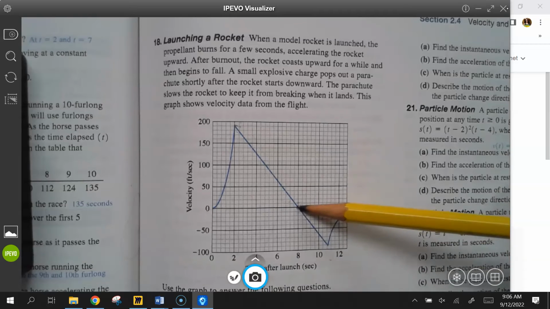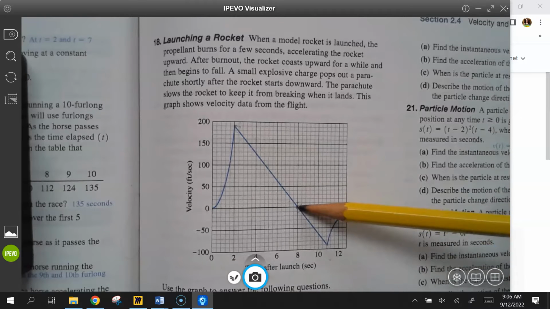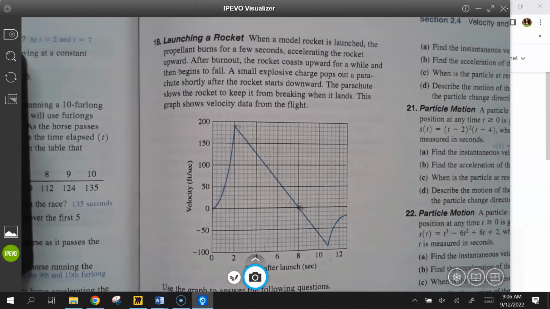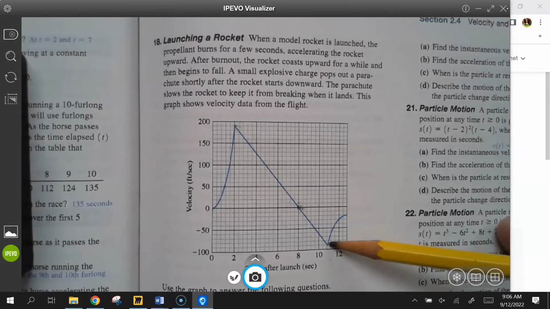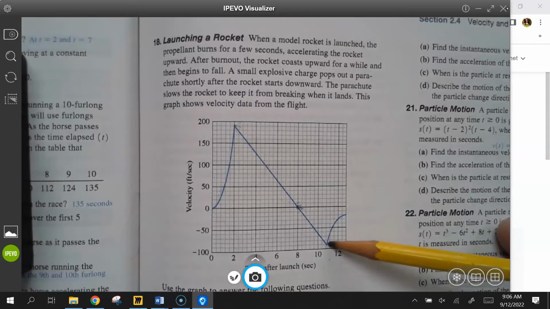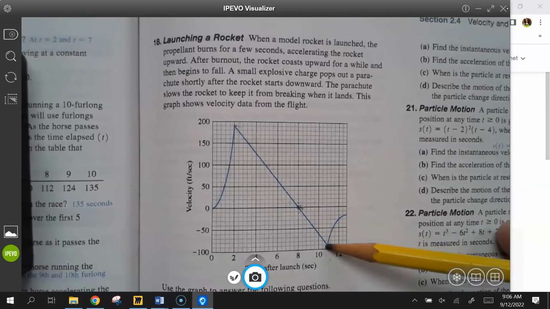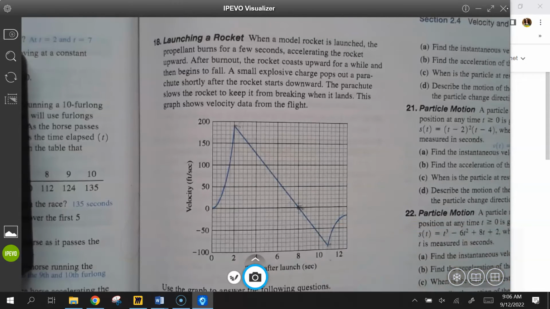Well, we know this is when it changes direction and starts coming down, right? So it's falling, falling, falling. When does the parachute pop out? 11 seconds. It looks like this is about where it happens. You see the change in velocity then? It's not a constant velocity anymore. The parachute pops out and kind of stops it from such a constant velocity.